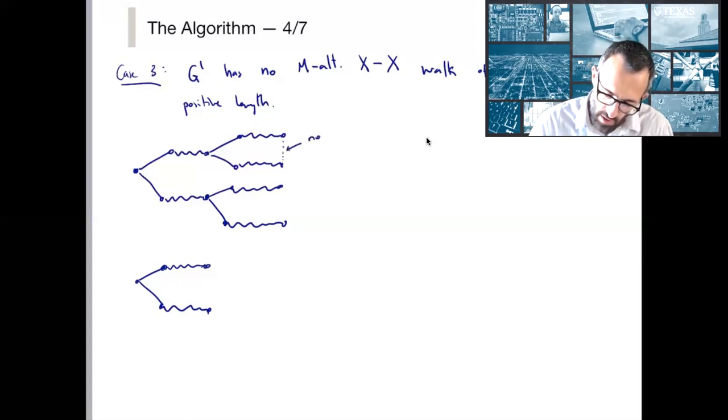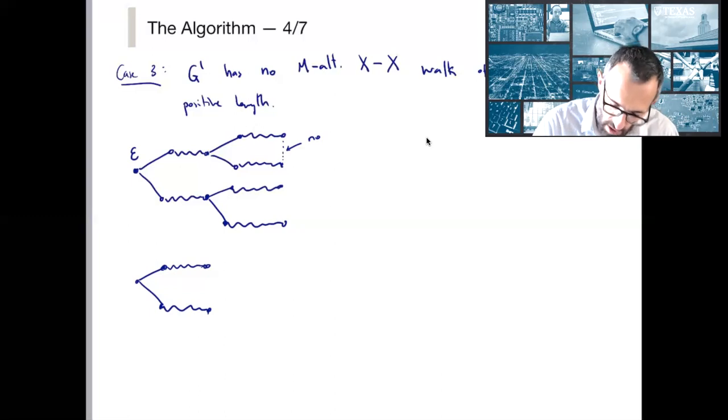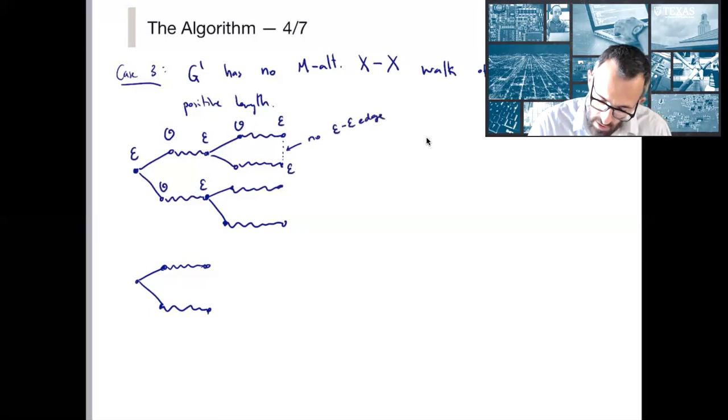Let me label these as odd and even. It'll be useful for us. I'll use script E now because I'm already using E for edges and EY, and we don't want to mix things up too much. And script O for odd and even edges. So note that there's no E to E edge.